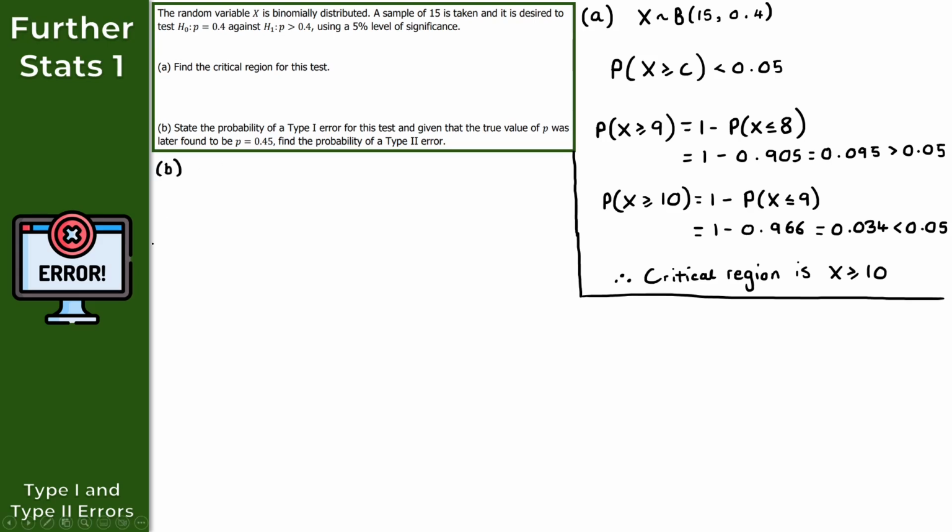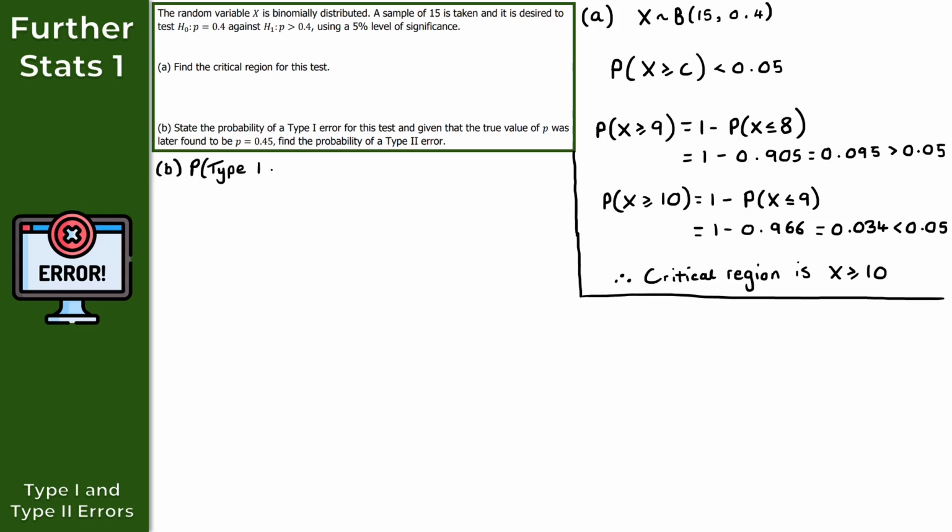For part B, it says state the probability of a type 1 error for this test, and given that the true value of p was later found to be p equals 0.45, find the probability of a type 2 error. Well, for the probability of a type 1 error, you might not be aware, but we have already found that.